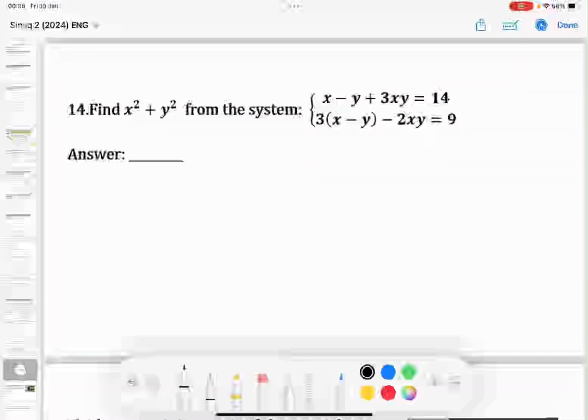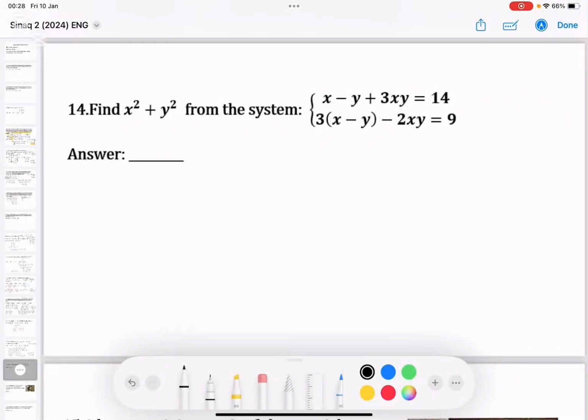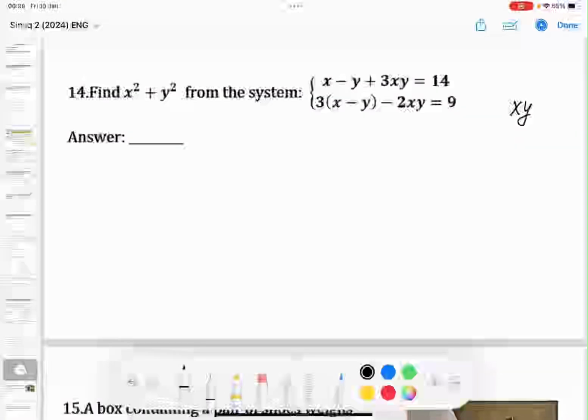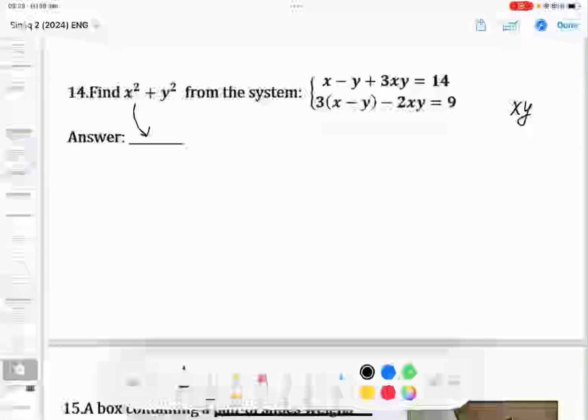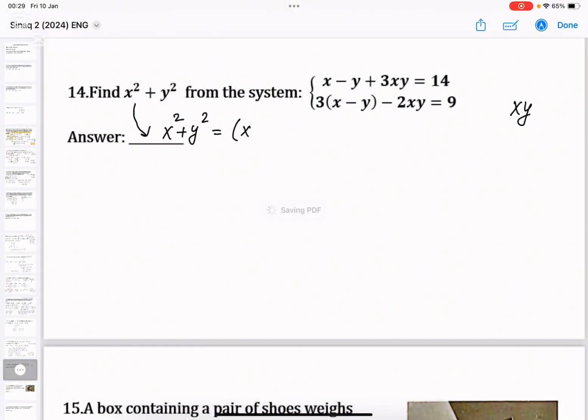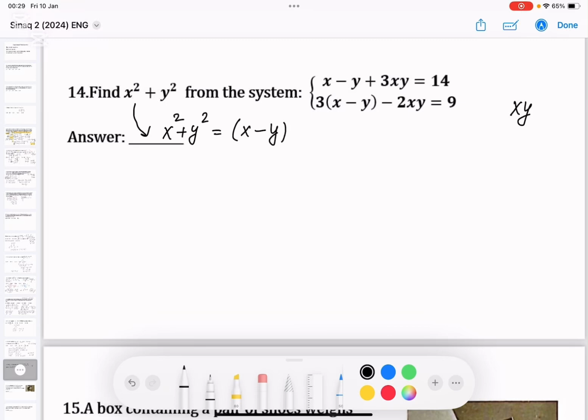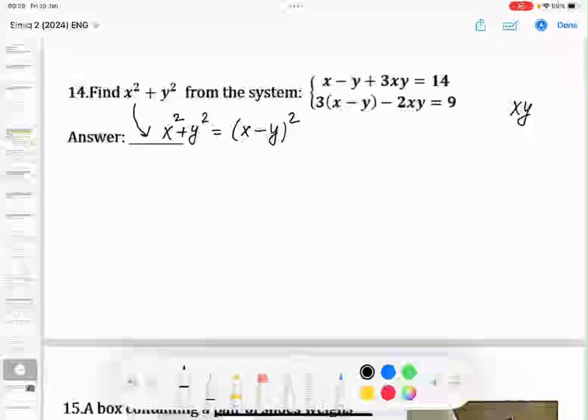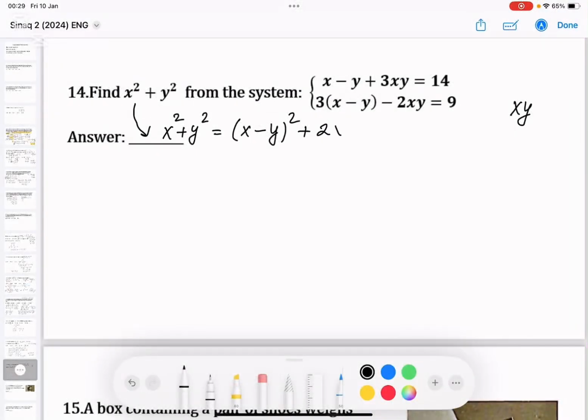Next question, find x squared plus y squared from the system of equations. Write down your answer. Since I have x and y given, I'll express the sum of the squares as x minus y squared plus 2xy.